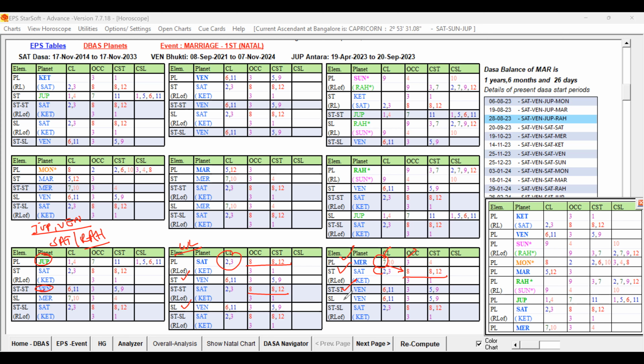The 2A level is fine, the sub-level is also fine, but Saturn is ruling at the star level, though it is weak, and the planet is getting the impact of 8 and 12. This is causing weakness.